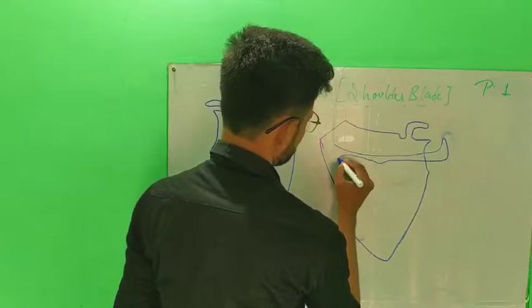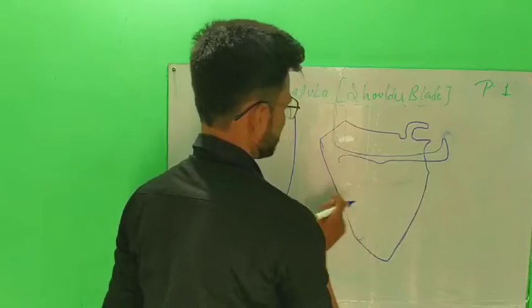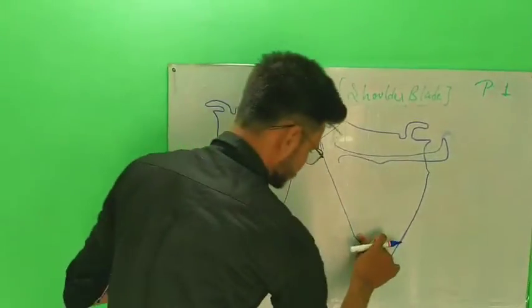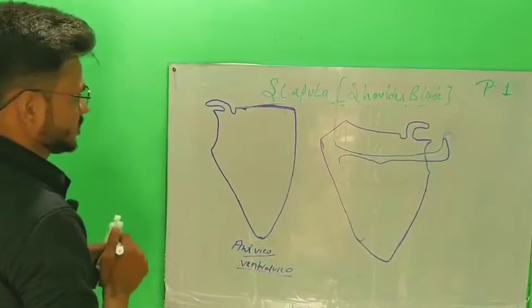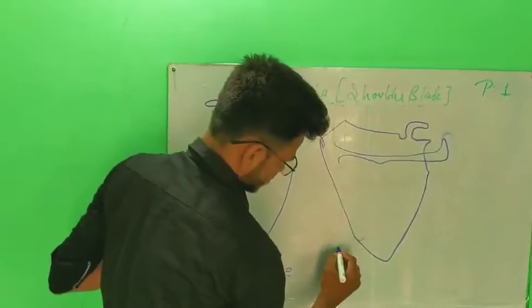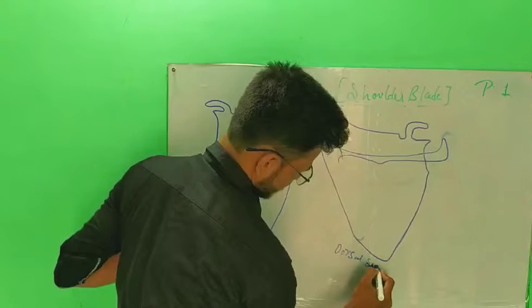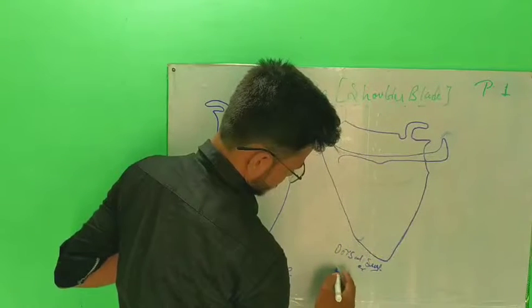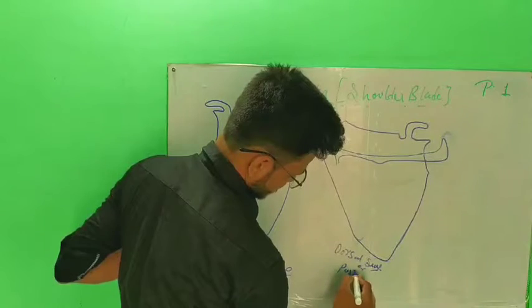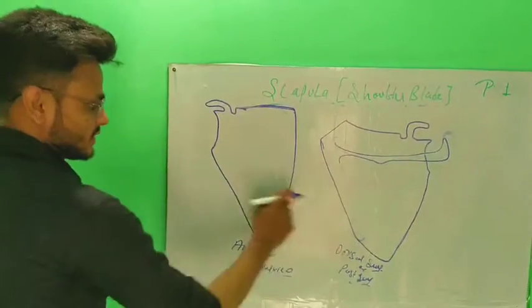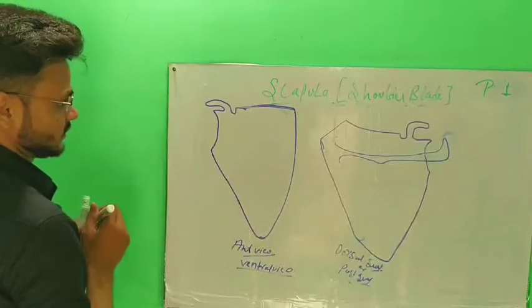This is the posterior view. This is the spine of scapula. Now, firstly, this is our dorsal surface, or you can say this is the posterior surface, and this is the ventral or anterior surface.